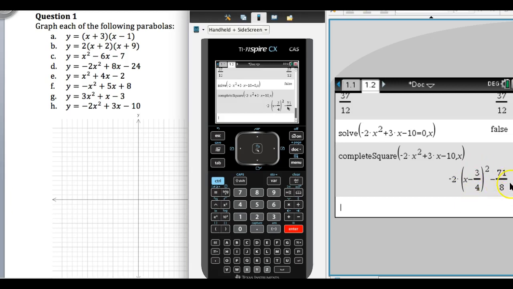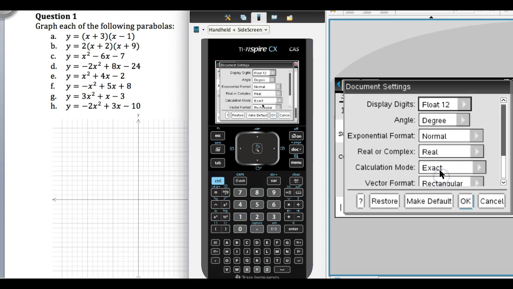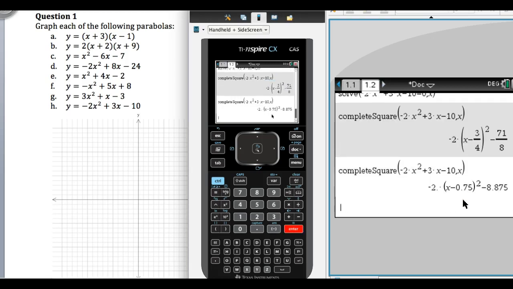If you want to have decimals here, you can just change your document. I mean, it's a lot of fiddling though. Approximate. Okay, and I can just go there and it'll give me the decimals. So you can graph it.